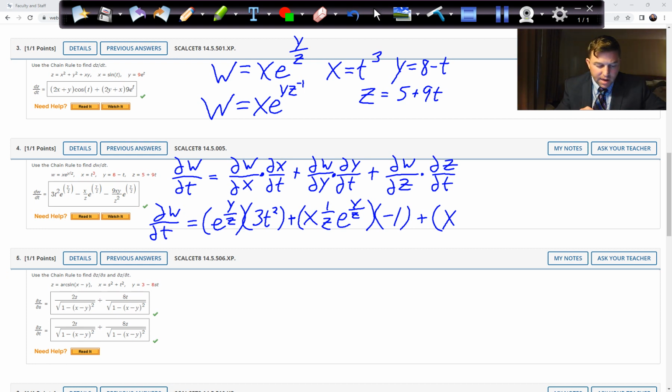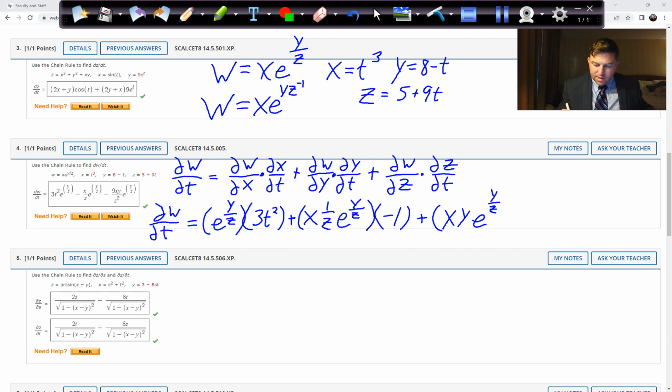We need to have, where are my notes on this? The y is a constant, so it's going to come down. But then we're going to get e to the y over z.